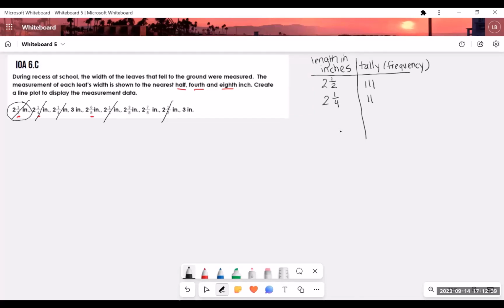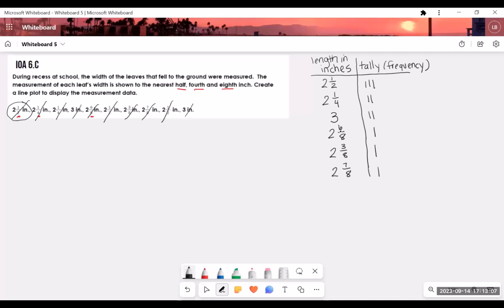The next measurement I see is 3 inches. And that occurred 1, 2 times. Then I have 2 6/8. That only happened once. 2 3/8 was one of the leaves, and one of the leaves measured 2 7/8.